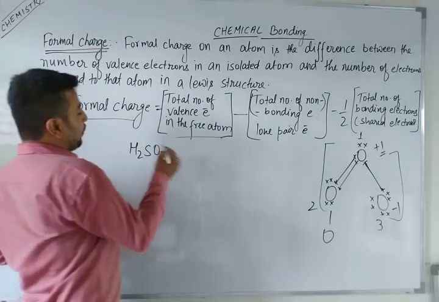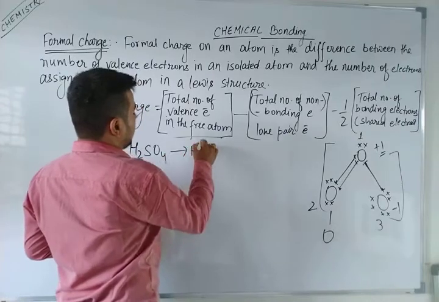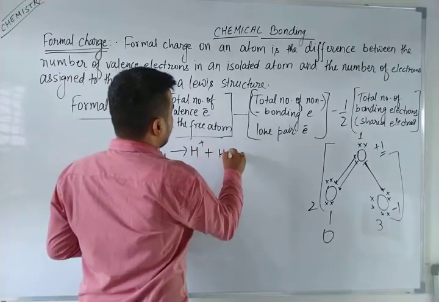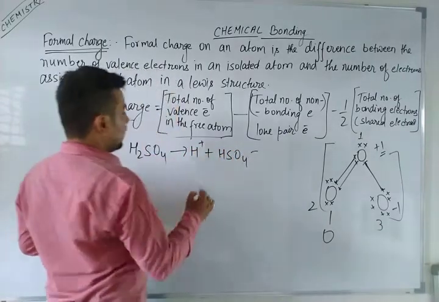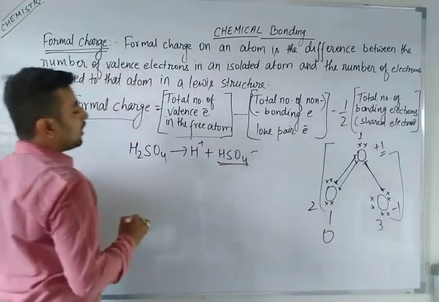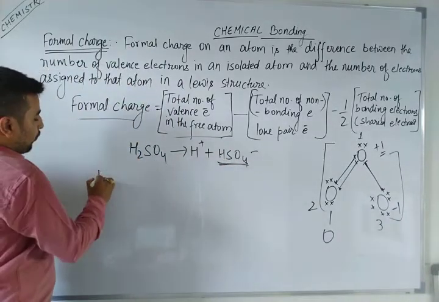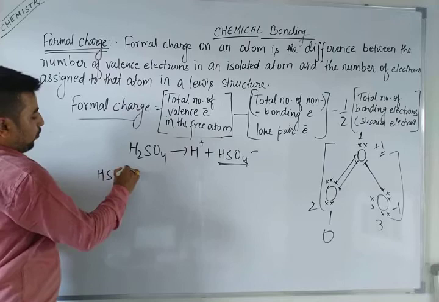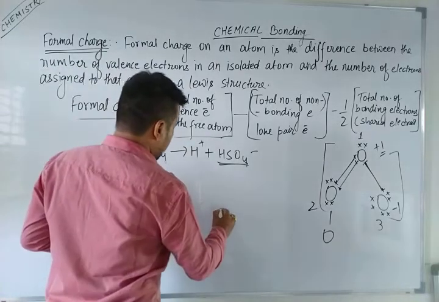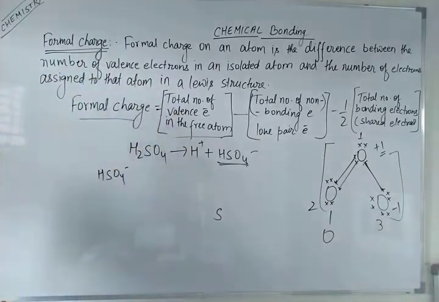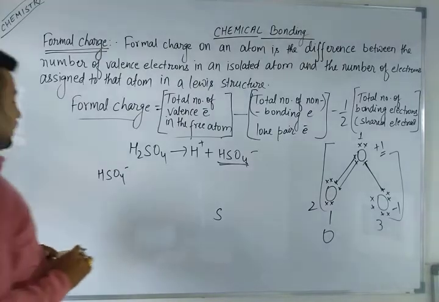And in this sulfuric acid, if I remove H plus, then what will be the formation? HSO4 minus. So here I am drawing the structure of HSO4 minus. Here there is one sulfur, the central atom, and a total of 4 oxygen and how many hydrogen? 1 hydrogen.